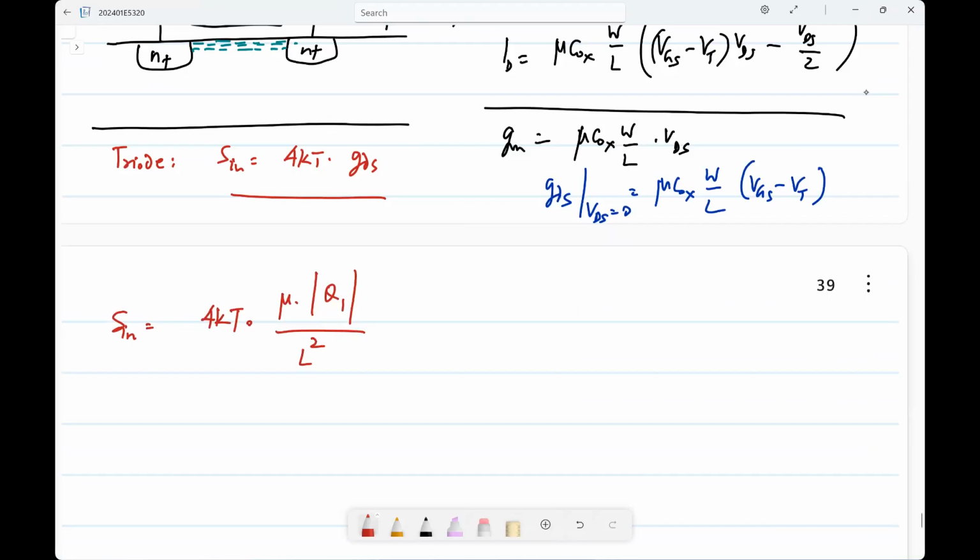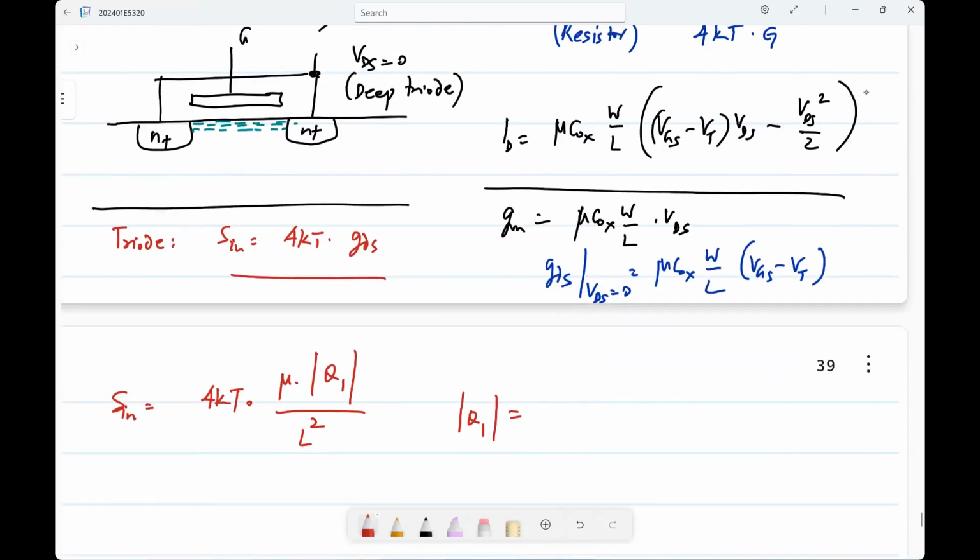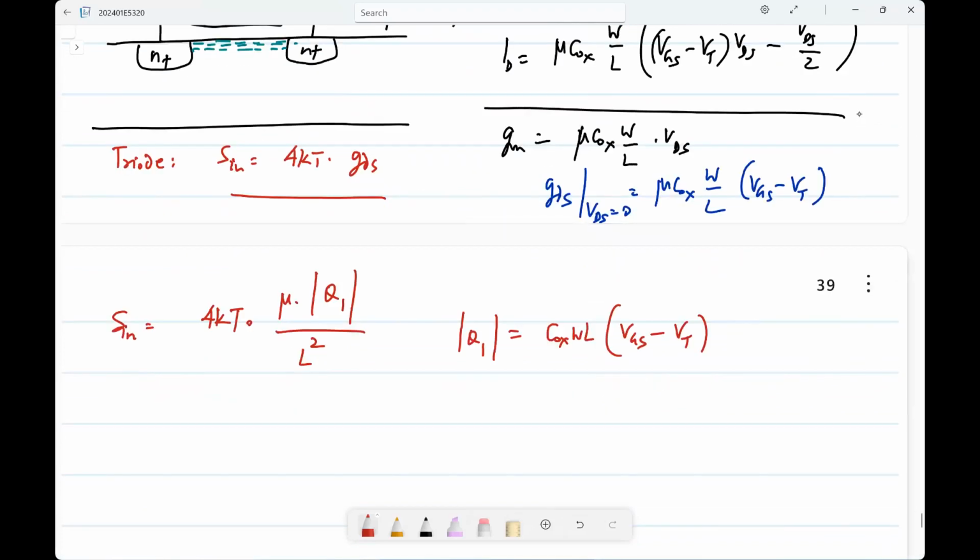Now, what is the magnitude of the inversion layer charge when VDS equals 0? When VDS equals 0, the channel is uniform from drain to the source. So what do you think is the magnitude of QI there? Yeah, Cox is the per area capacitance. So it is Cox WL VGS minus VT.